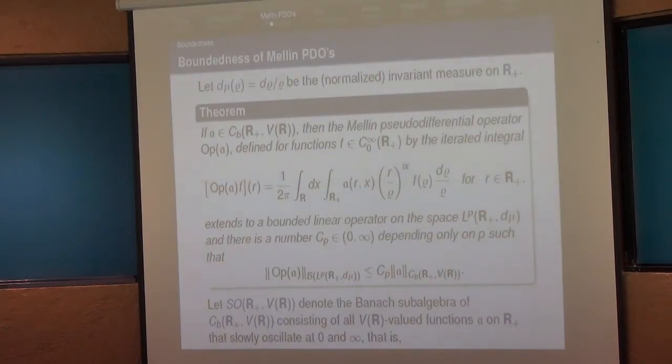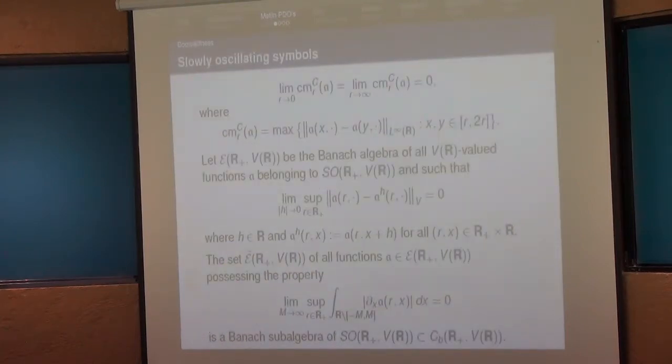What does this mean? In this case, we consider slow oscillation, but now we replace the absolute value by the L infinite norm with respect to the dual variable. Take this oscillation maximum, and this maximum should tend to 0 when R tends to 0 or infinite. So this is the class of slow oscillating symbols.